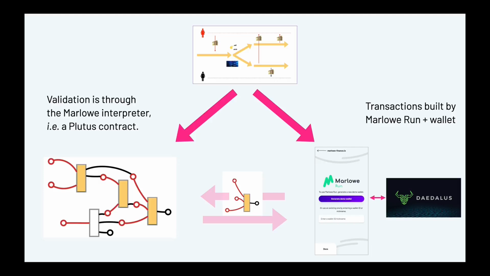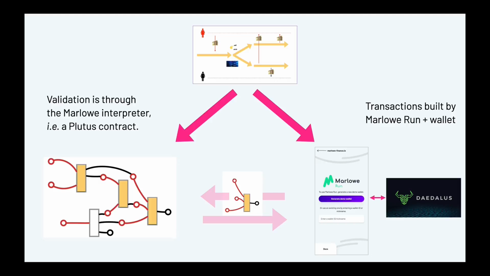Now, Alex will talk some more about the details of the implementation, but here you're seeing an outline of how it all works. Transactions are validated online through the interpreter, but they have to be built offline, and in some cases have to be authorized.